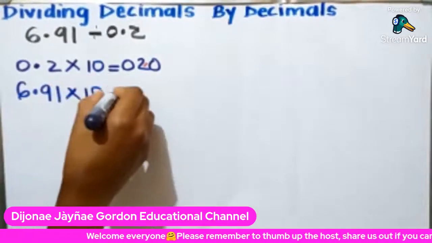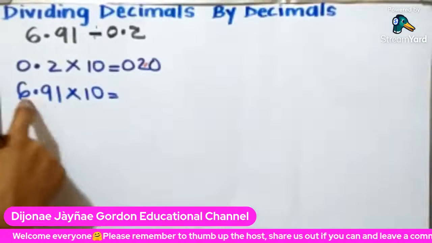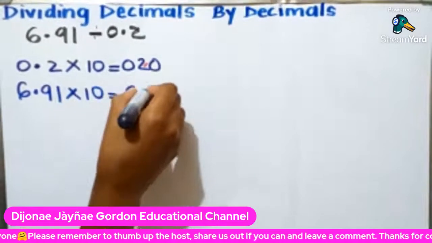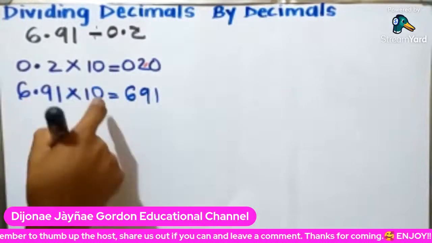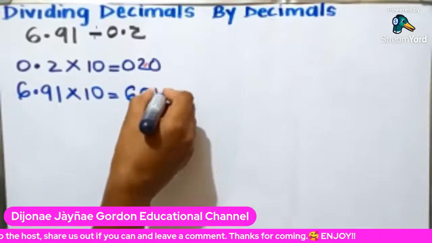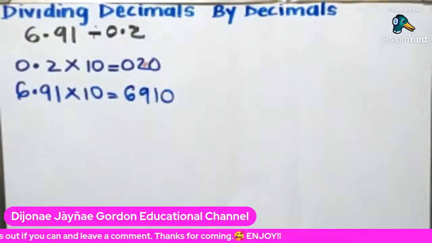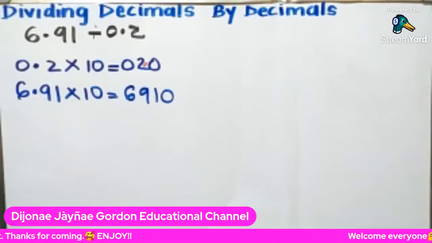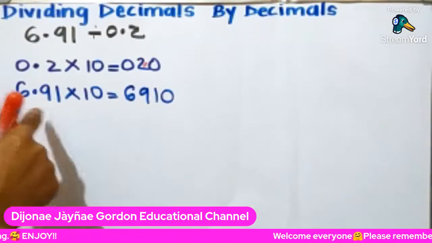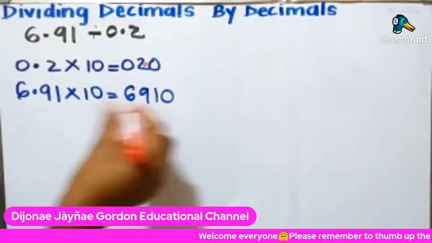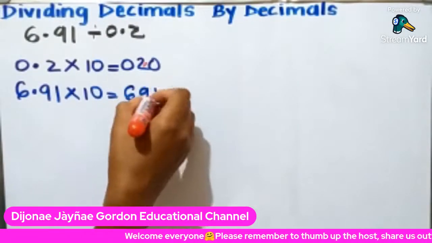Remember, I'm going to write back my 691 without the decimal place. I'm going to put a 0 right here because I'm multiplying by a power of 10. And of course, I'm going to put my decimal point. How many decimal places do we have right here? We have 2. So I'm going to put my point right here.